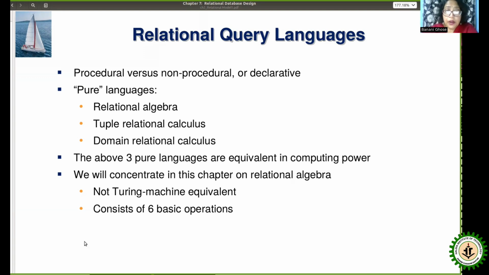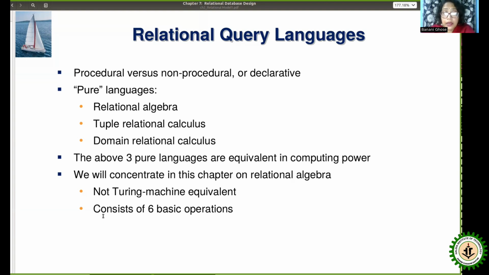So what are the pure languages? Relational algebra, tuple relational calculus, domain relational calculus. Now, if you concentrate on relational algebra, then you will realize that relational algebra is procedural. Why? Because the entire procedure to reach up to that particular data is clearly mentioned in the relational algebraic expression.